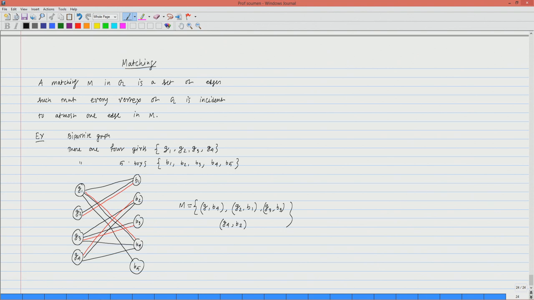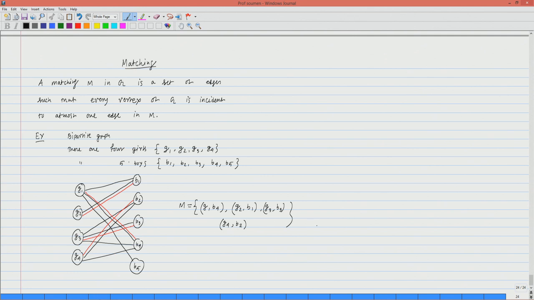So, B5 is actually unmatched, it is left unmatched. All the girls are matched. Of course, there are 4 girls, so you can match with 4 boys only. So, one extra boy, B5, is not matched. The red edges are called matching edges and the other edges are called non-matching edges. So, these are the matching edges.